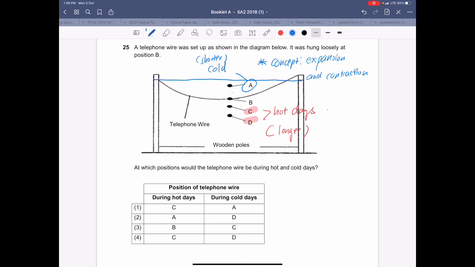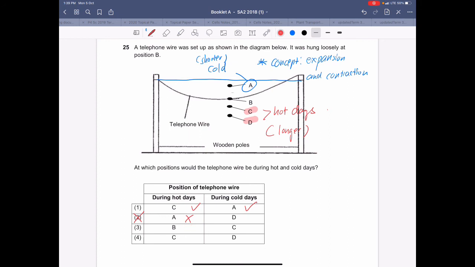Okay? So at which position? Alright, so during hot days, position C possible, correct? Position A during cold days is also correct. So number 1 seems correct, but we should always look through all. So during hot days, A, this is wrong. So straight off, option number 2 cross out. Let's look at option number 3. Okay, it says B during hot day.